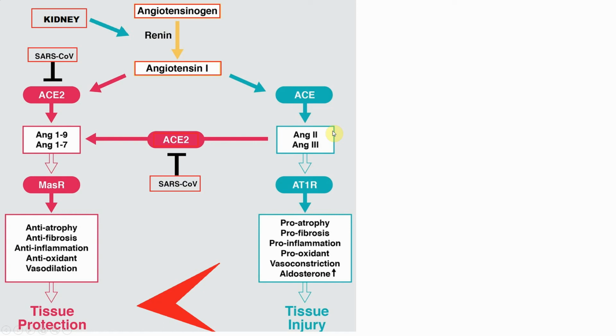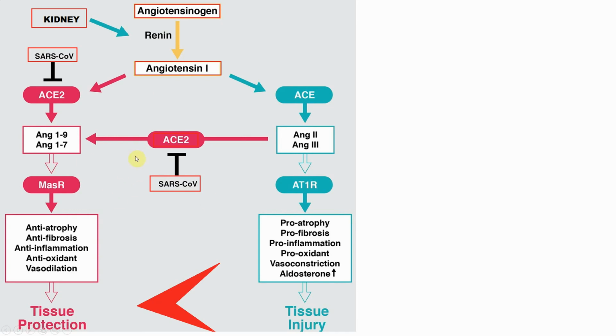But when the amount of angiotensin 2 and 3 is high, the ACE2 receptor can convert them to angiotensin 1-9 and 1-7, which activate the mechanism of the MAS receptor. It is tissue protective because it is 100% opposite of the tissue inflammatory cascade of the angiotensin 1 receptor.